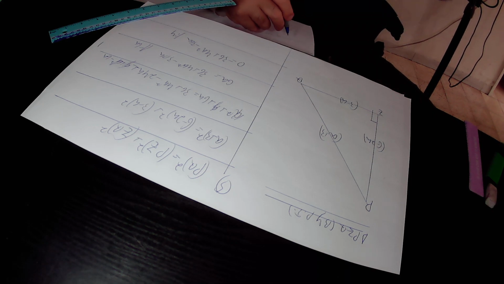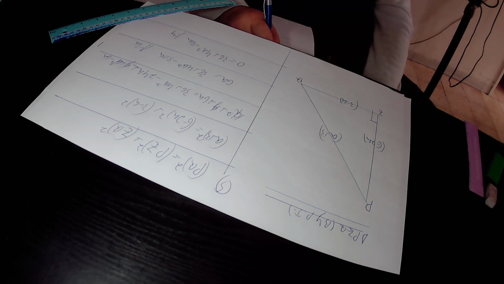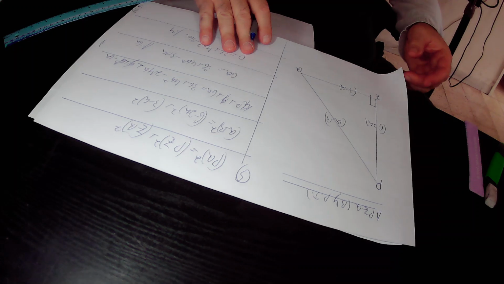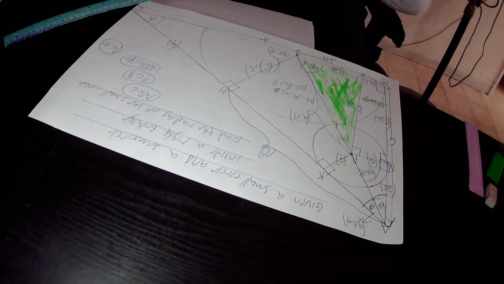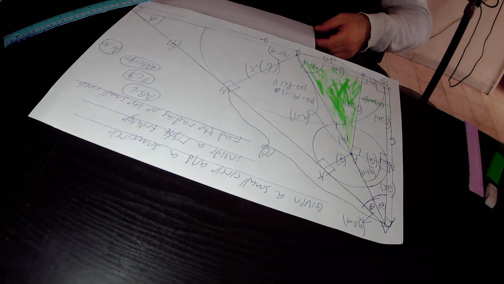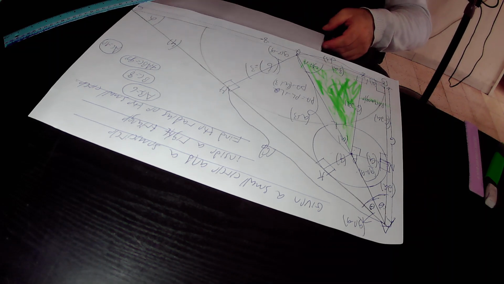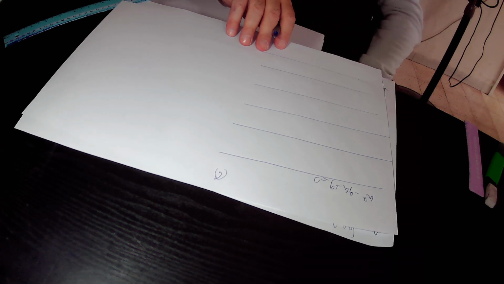And 36 over 4 is 9. 0 over 4 is 0. In conclusion, we find out that a squared minus 9a plus 9 equals 0.